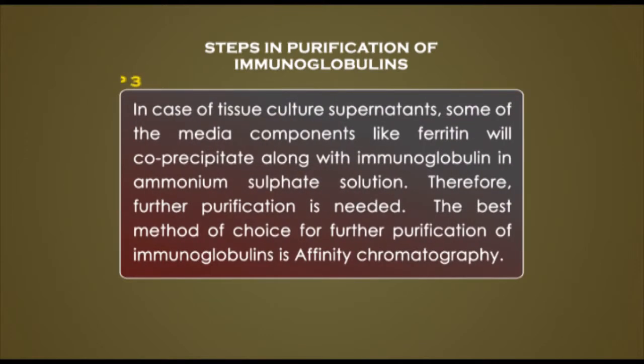In case of tissue culture supernatant, some of the media components like ferritin will co-precipitate along with immunoglobulin in ammonium sulfate solution. Therefore, further purification is needed. The best method of choice for further purification of immunoglobulins is affinity chromatography.